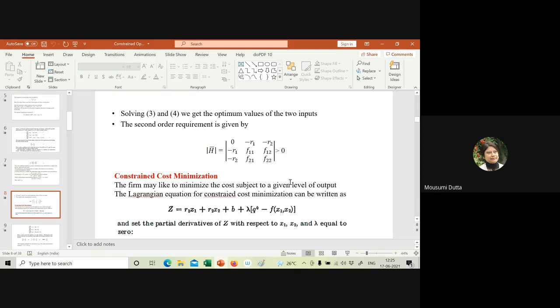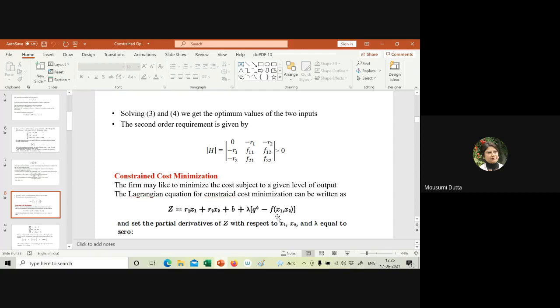The firm alternatively may like to minimize cost subject to a given level of output. The Lagrangian equation for the constrained cost minimization can be written as Z is equal to R1x1 plus R2x2 plus B, that is the cost part, plus lambda (Q naught minus f of x1, x2).